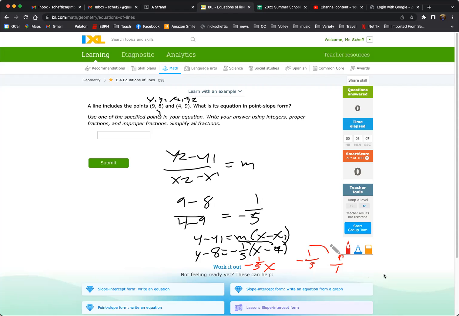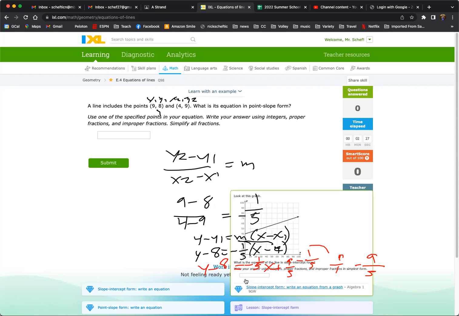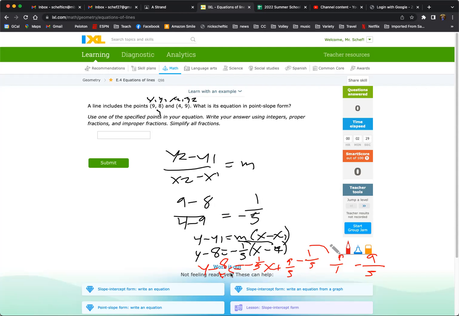So on the top we have 9, and then we have 5 times 1, so it's going to be -9/5. And then this side, we still have y minus 8, and then we're going to have to add 8 to both sides.